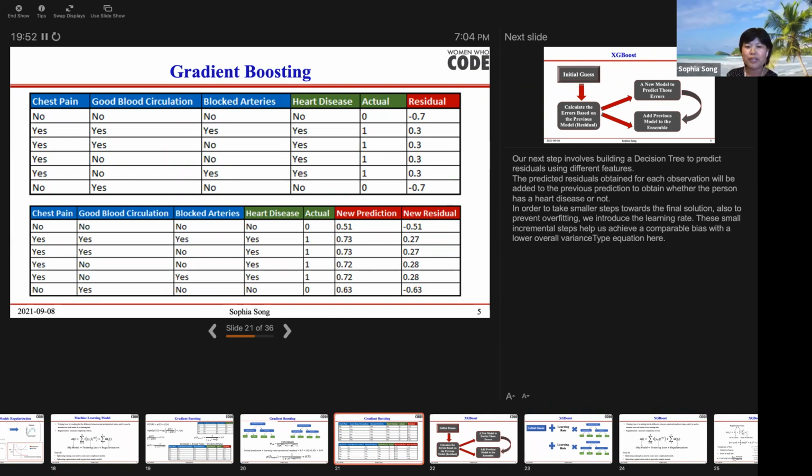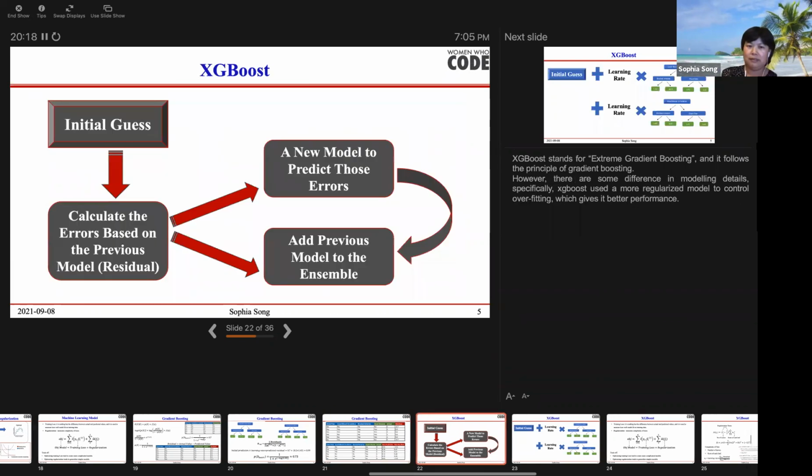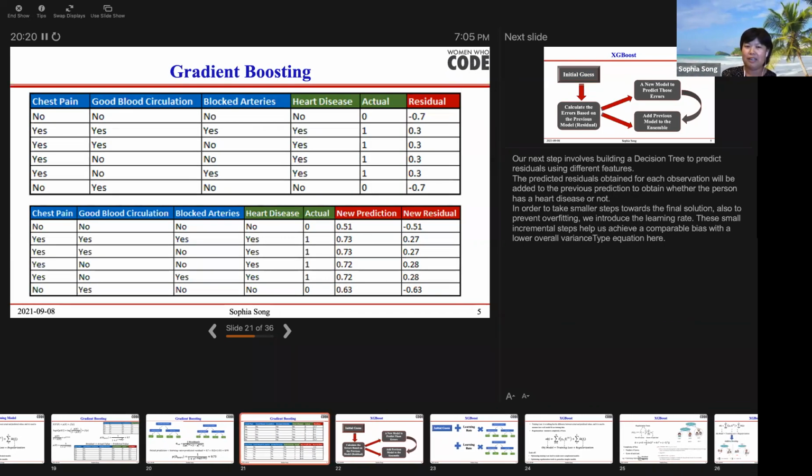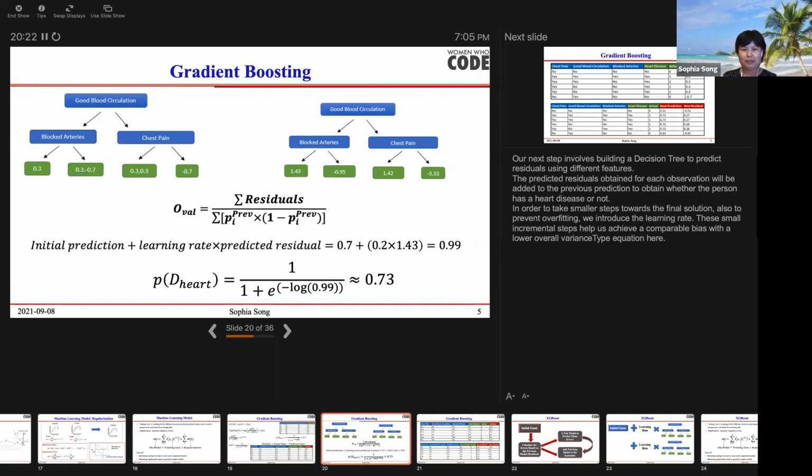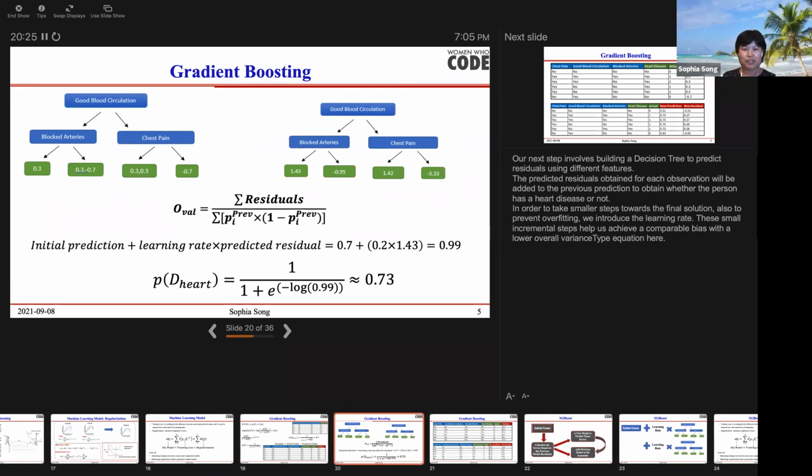With one new model, our model's prediction gets a little bit closer to the real data. If we build the second model, it pushes our prediction even closer to the real data. That's how this gradient boost works.